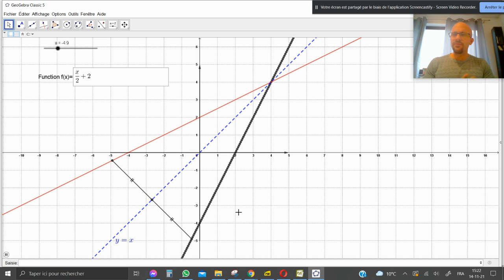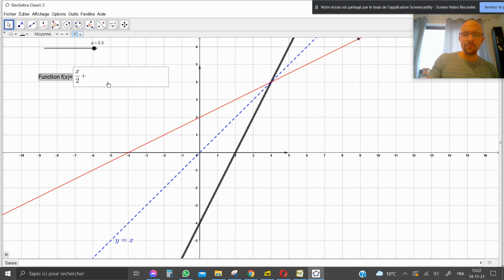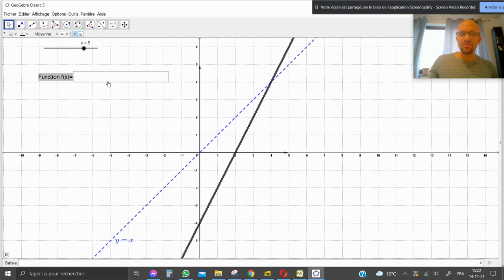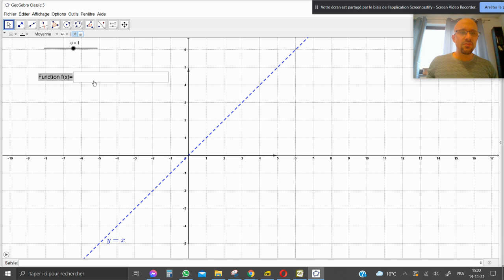And you can use this property to construct the inverse of a function if you know the graph of its base function. So maybe we can use x to the third. We know that the inverse, the reciprocal, as we also say in mathematics, is the cubic root of x.